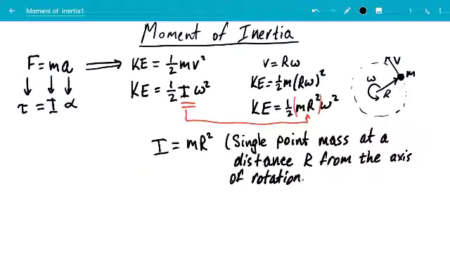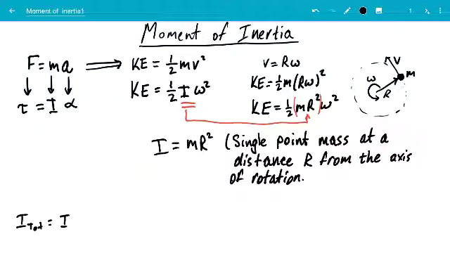Now the good news is that if we have several objects turning all together, we could go through the same process, but it turns out that the total moment of inertia is going to separate out, since each one is going to have its own kinetic energy, and each one is going to have something that looks like replacing their particular velocity with r omega squared, and the omegas will be the same for all of them.